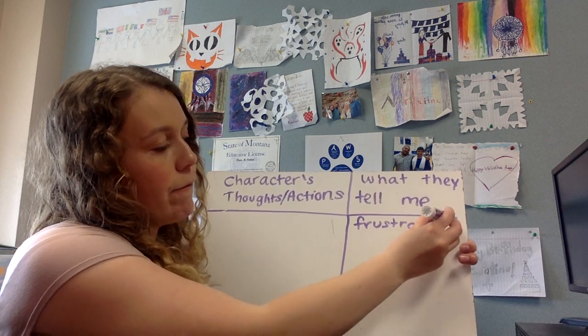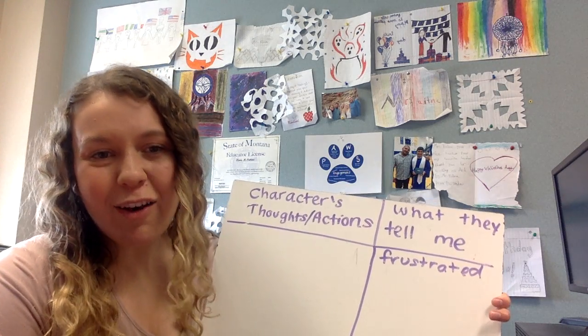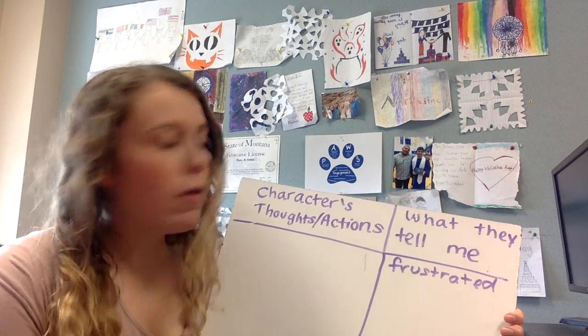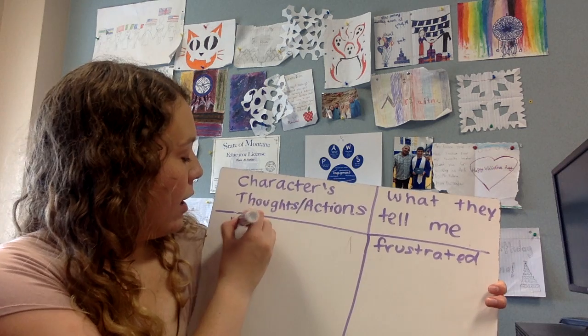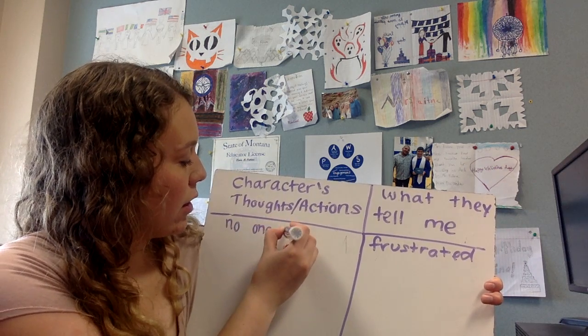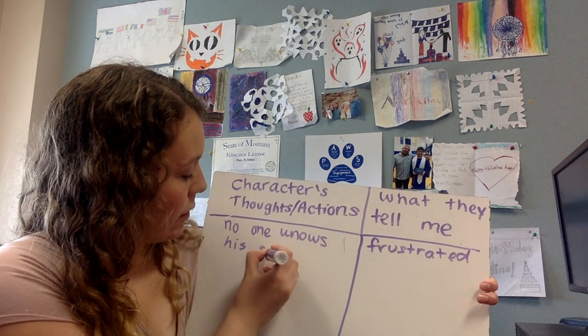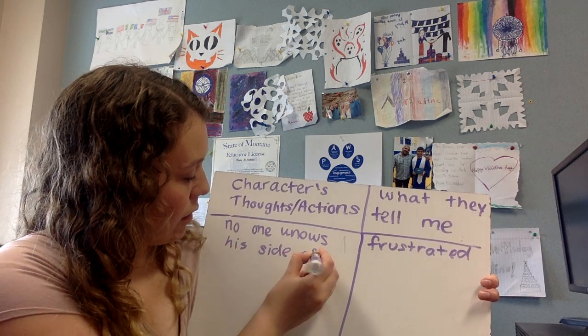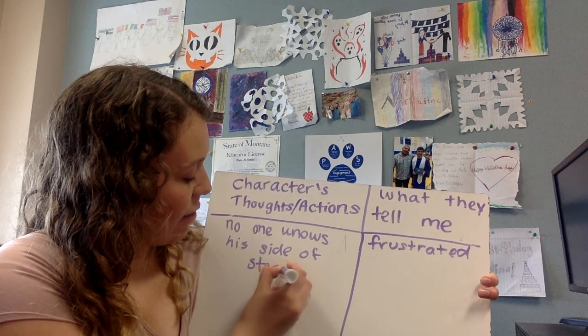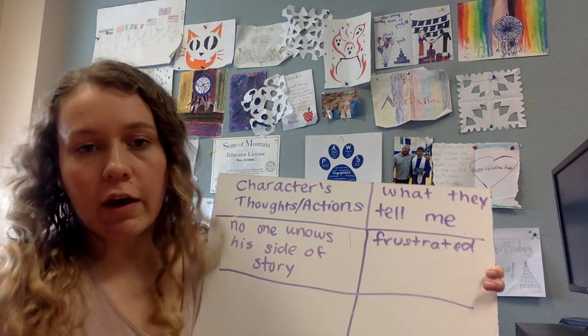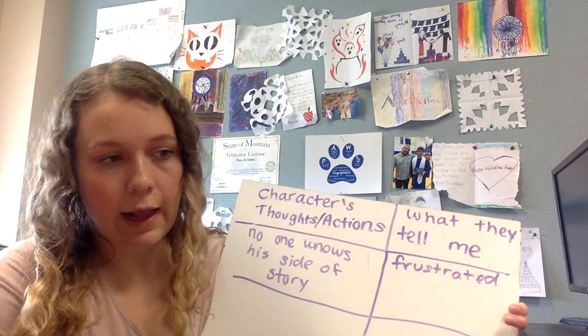This is what I'm inferring about the character. Well, how do I know that he's frustrated? Well, he says no one knows his side of the story. So that is my first character trait that I just came up with from the story. I'm going to do one more.